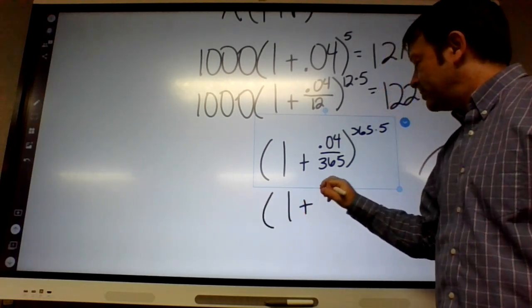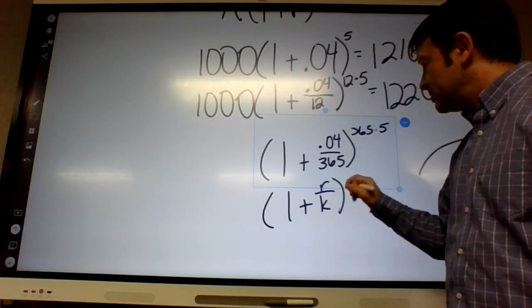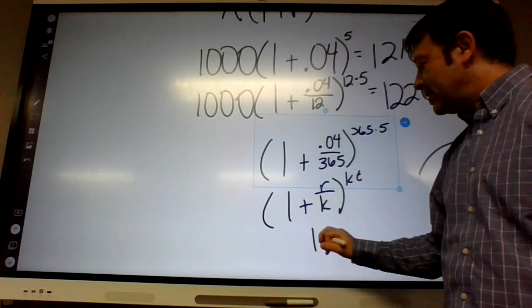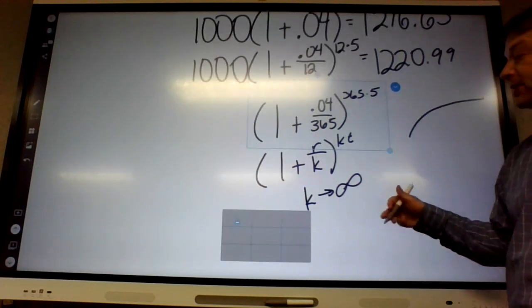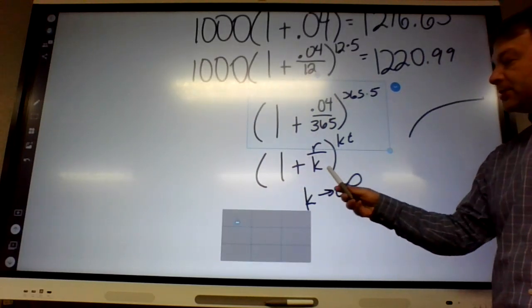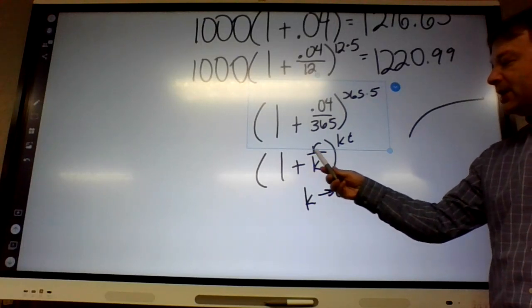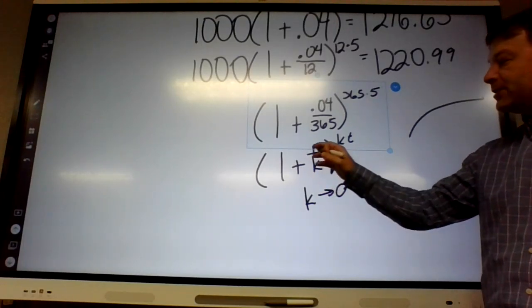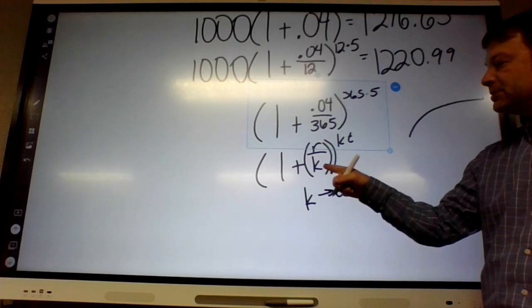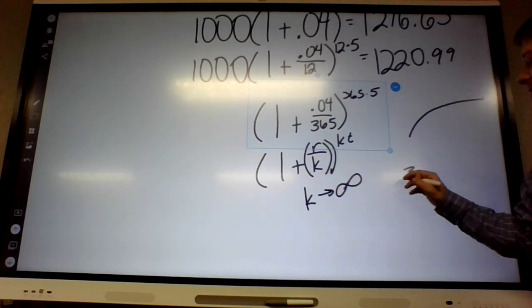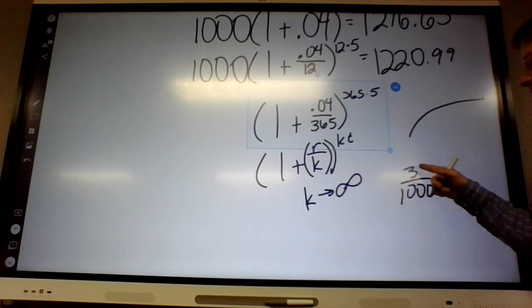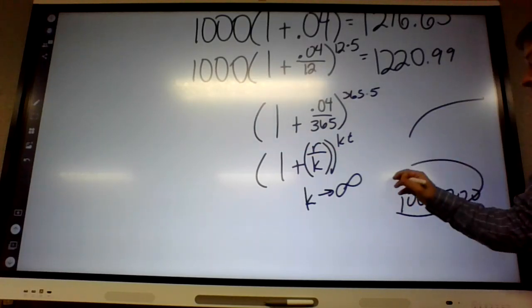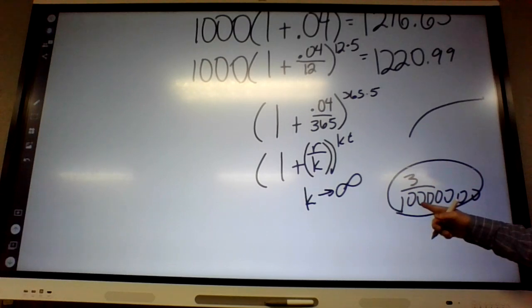So this little formula right here, as k approaches infinity, this is how you would write that. As k gets larger and larger, what's this value right here going to approach? If you have like 3 over a billion or trillion, what's this worth as this number gets huge?